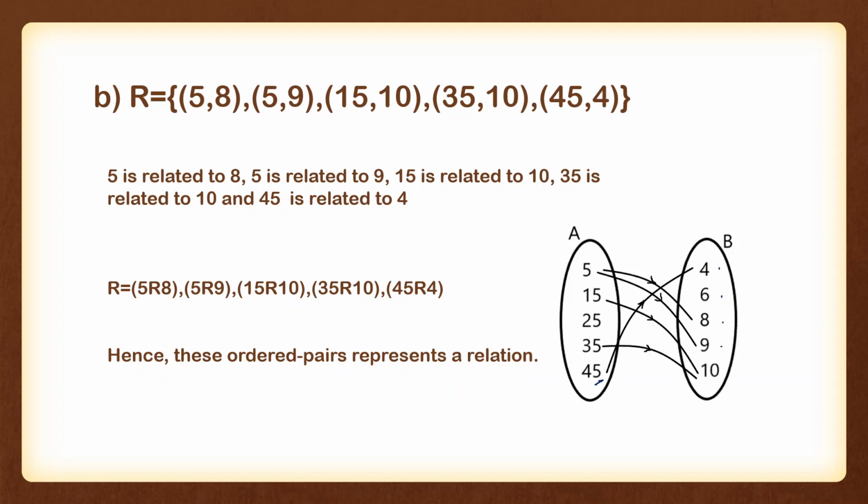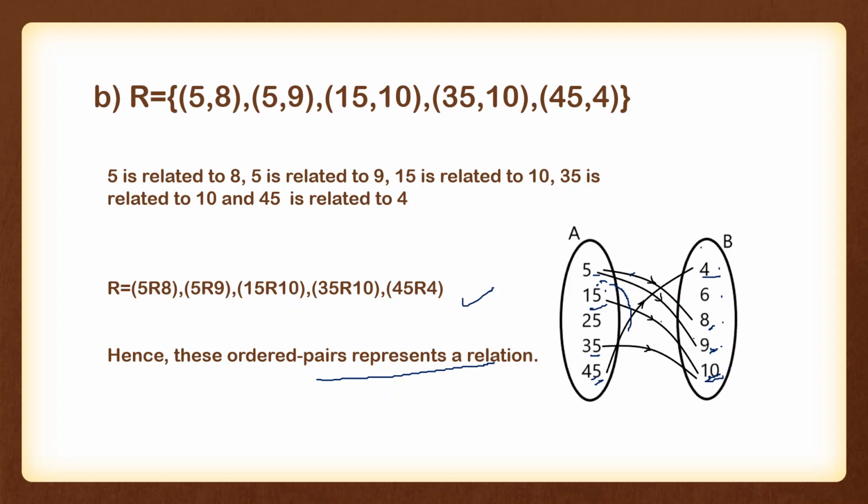So we have to check. 5 is related to 8, 5 is related to 9, 15 is related to 10, 35 is related to 10 again, and 45 is related to 4. So all are related to something, and there is no within-the-set relation, right? There is no such relation. So that means we can say that these ordered pairs represent a relation.